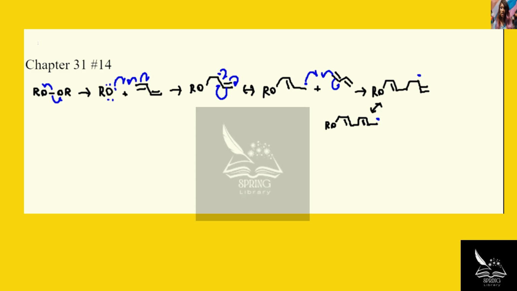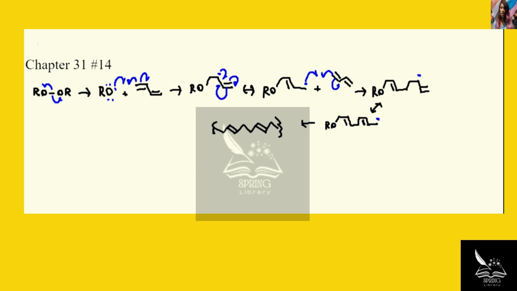And then, of course, that piece can react exactly as the previous pieces did. And so if it were to do that, we end up with the polymer product that looks like this. So there's our straight unbranched polymer that the problem calls A.